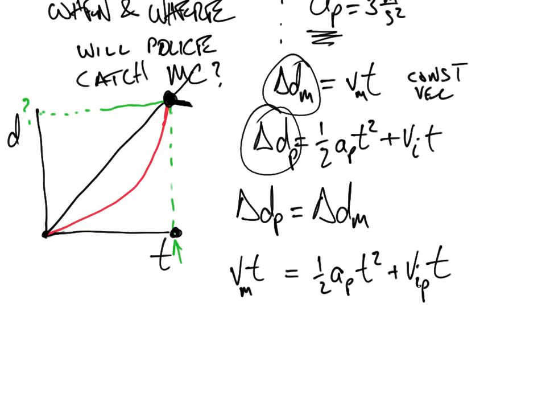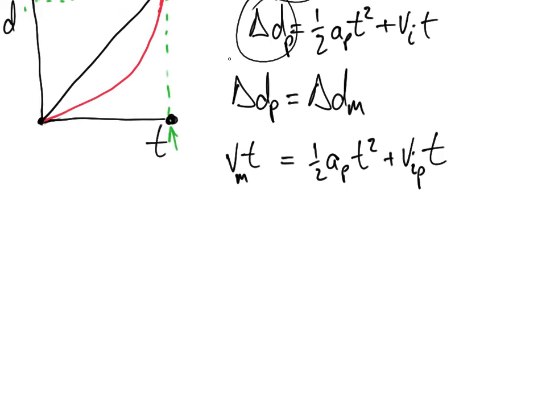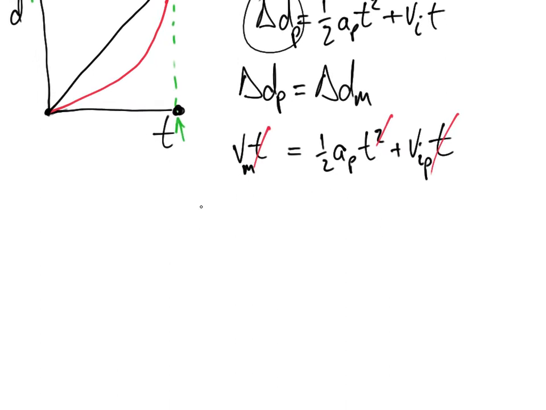So let's solve for it. Fortunately, this isn't so bad. It's not as ugly as it seems, because we would simply divide everything by t. And so those t's cancel out, and what we're left with is V_M equals 1/2 A_P t plus V_i police.